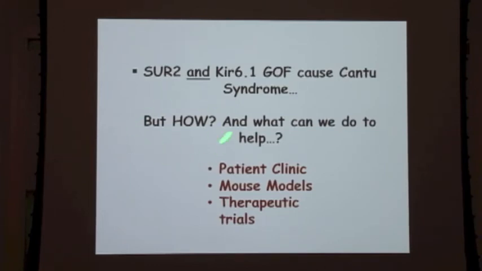So the first question is how, and then secondly, what can we do to help these people? What we've been working on with Kathy and Gautam and a whole group of people now is setting up a program that goes from patients to animal models to cellular models, and then hopefully back to therapeutic trials of drugs that will actually address these challenges.